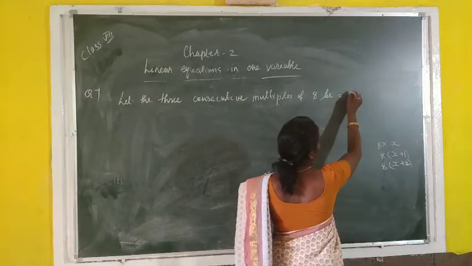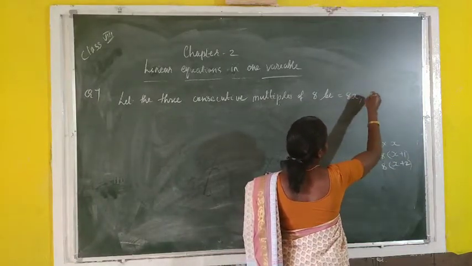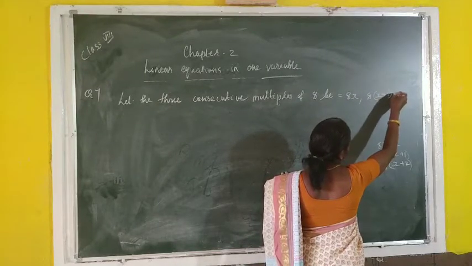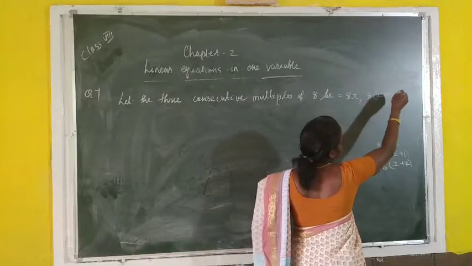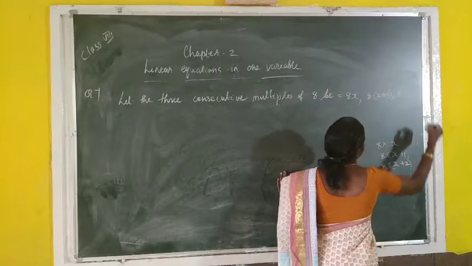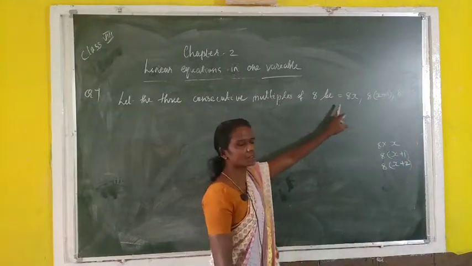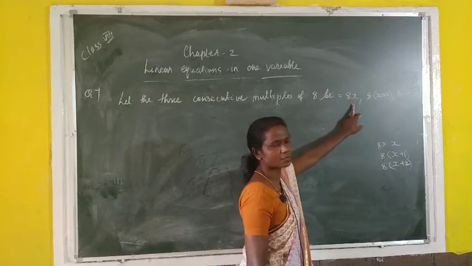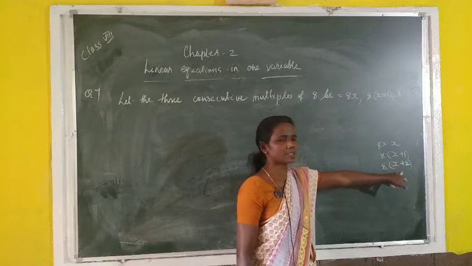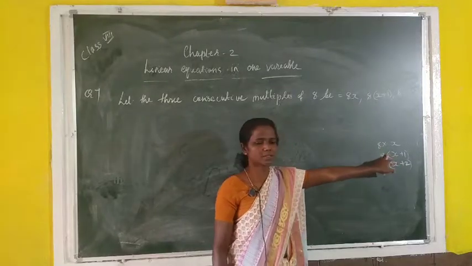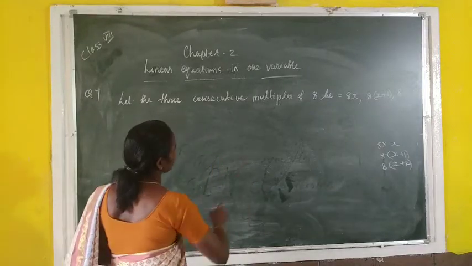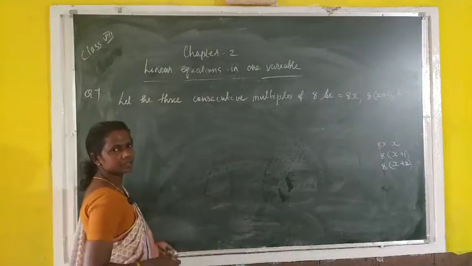So we can take 8x, 8 into x plus 1, then 8 into x plus 2. These are 3 consecutive multiples of 8. Then consecutive numbers x, x plus 1, x plus 2, then multiples of 8 means these numbers multiplied by 8.